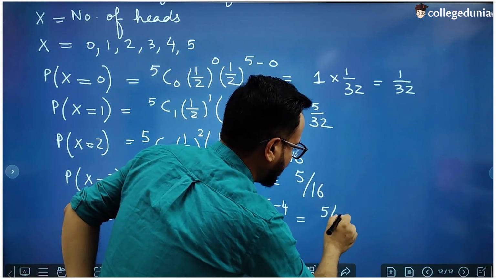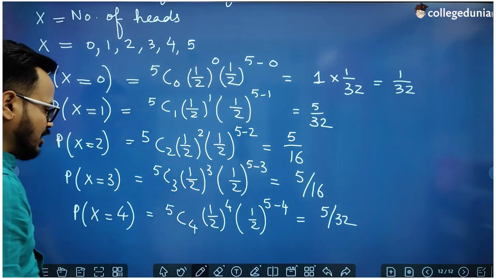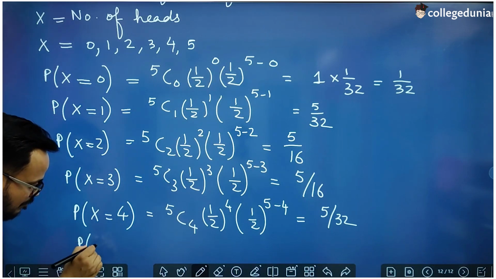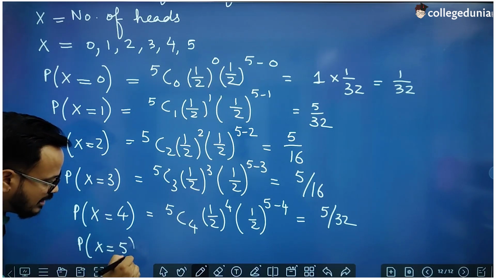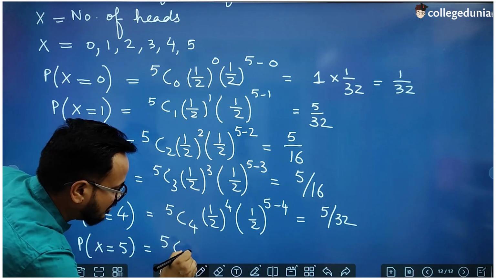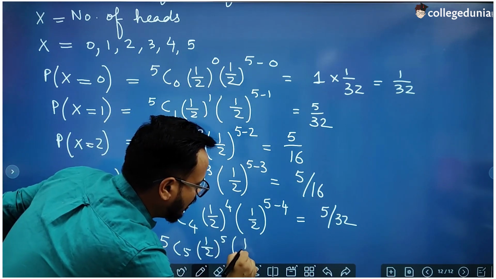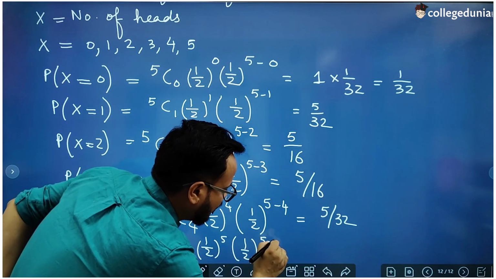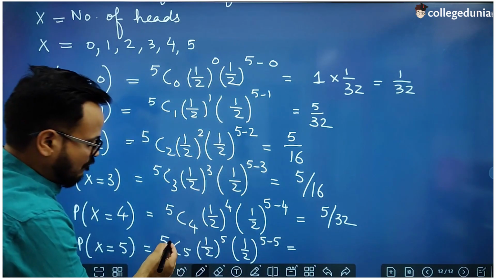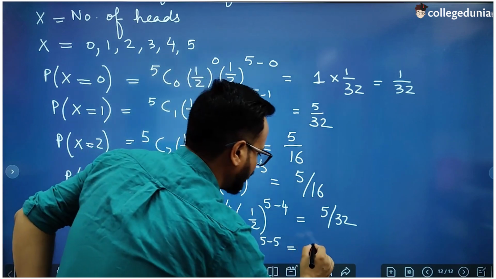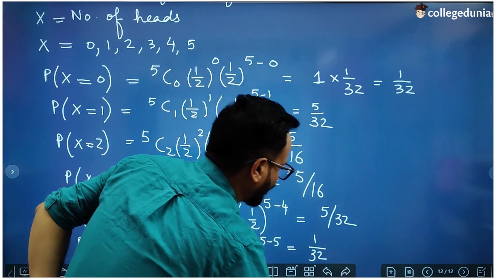Now this is again 5 by 32. And the last one is P(x=5), which is 5C5 (1/2)^5 and (1/2)^(5-5). 5C5 is 1 and this is 1 upon 32.